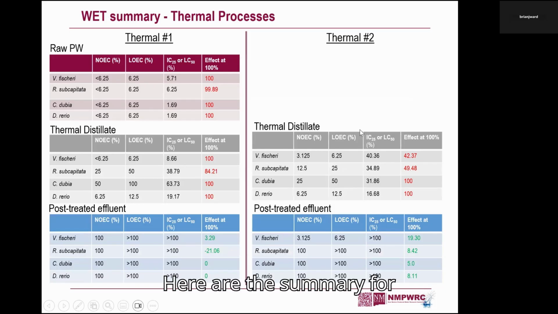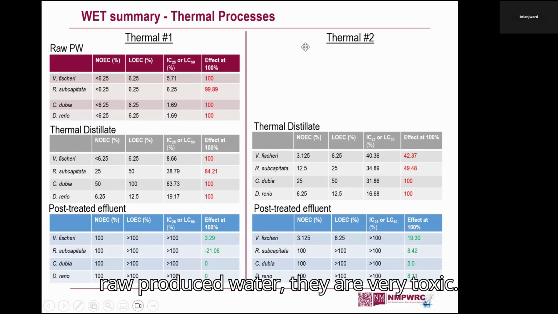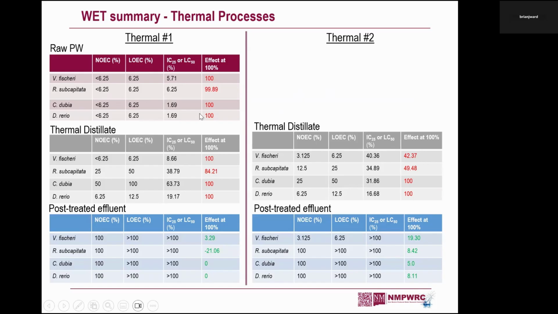So here is the summary for a thermal process. We have had 3 pilot studies so far. As you can see, the raw produced water is very toxic, with 100% of the water causing 100% mortality.